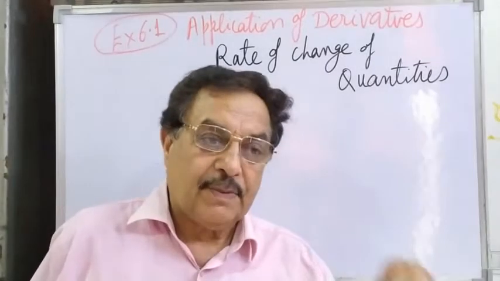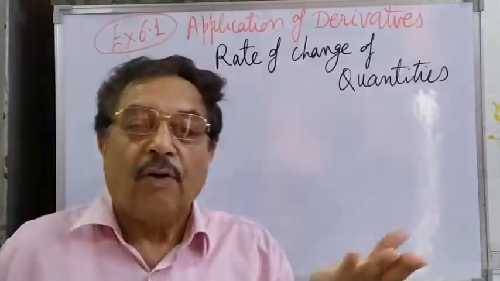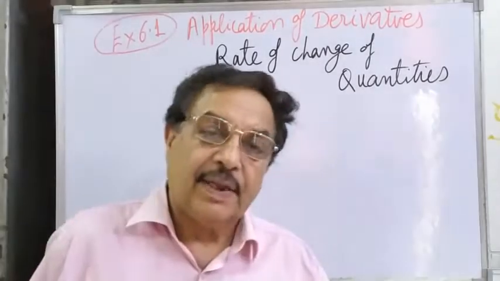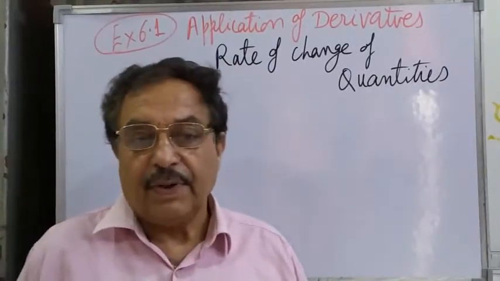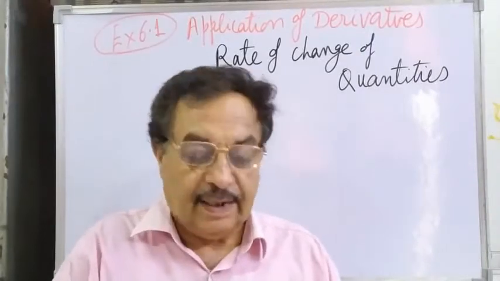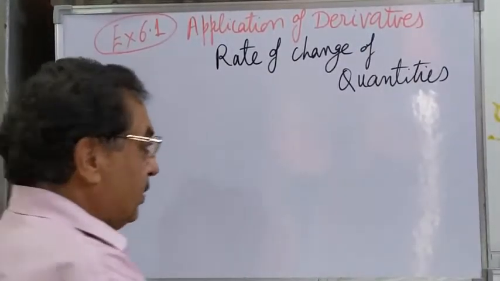As we put this much quantity of fertilizer, how would the growth of the rice take place? All these things we can find out with the help of derivatives. This is what is called the application of derivatives.